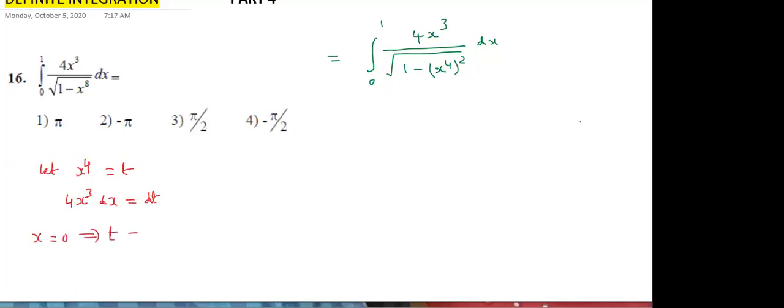T value 0 power 4, 0. If x is equal to 1, then what is t value? T is 1 power 4, that is 1. Those values substitute in the question. Integration 0 to 1, 4x cube dx means that is dt divided by under root 1 minus t square.